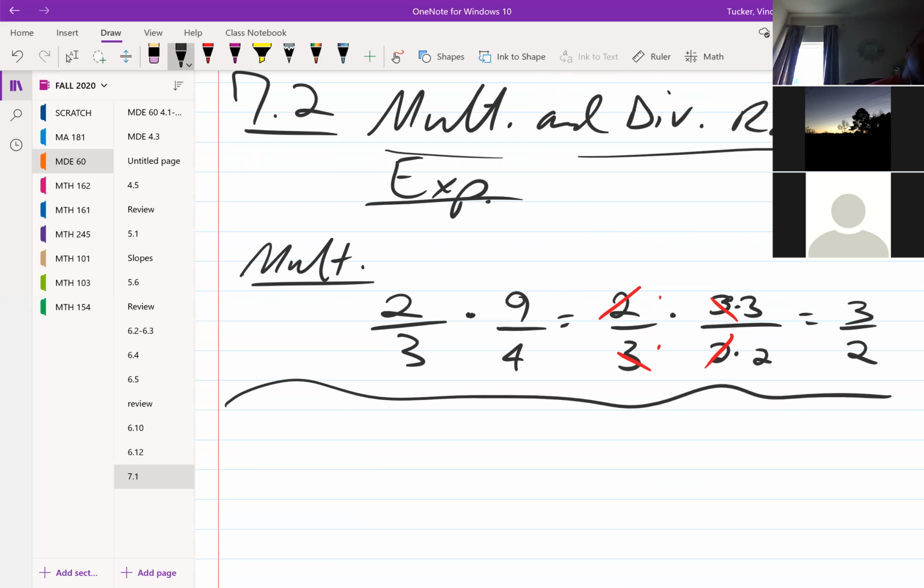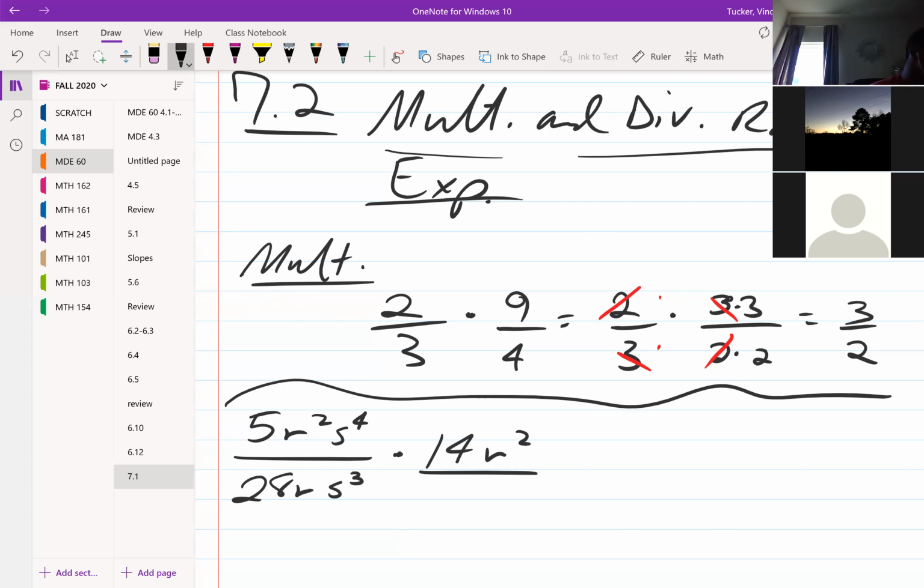So I look at this. So if I have 5r squared s to the fourth over 28r s cubed times 14r squared over 20s squared.